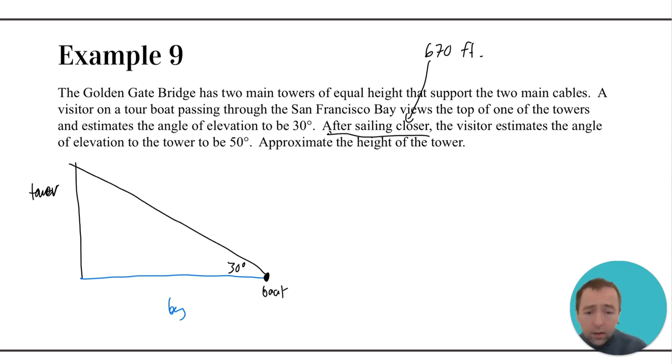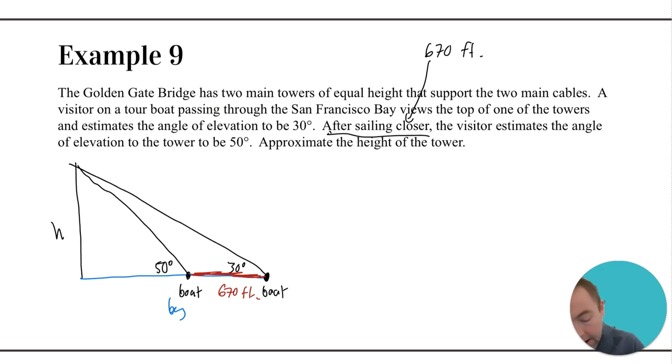But then when they sail a little bit closer, so when the boat moves to a closer location, by a distance, so this distance right here is 670 feet closer, they now measure an angle of elevation here of 50 degrees. So with all of that then, we want to find h. So what is the height of the tower of that Golden Gate Bridge?